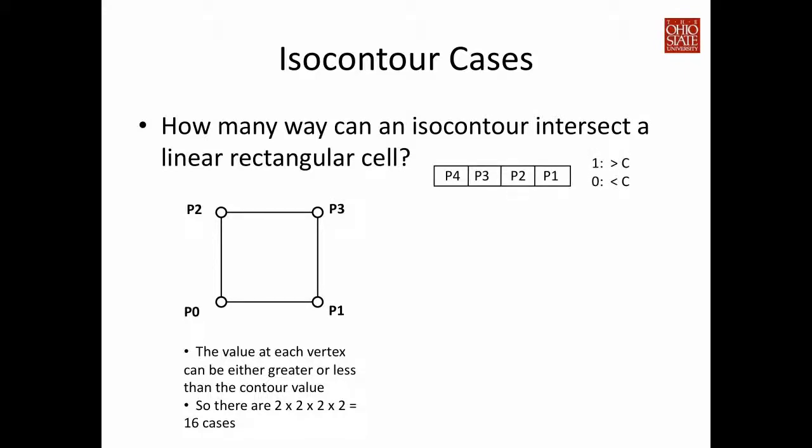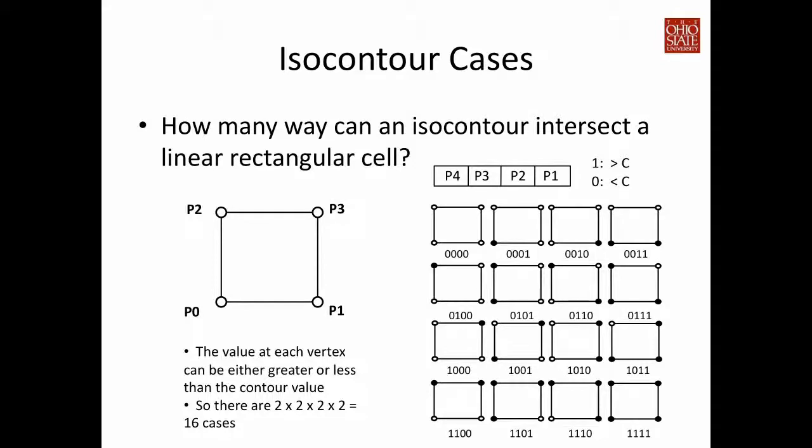If you place the 4 vertices together, representing each vertex as a bit, mark the bit 1 if the value is greater than isocontour value C, and put a 0 if it's less than the value C. As you can see, there are 4 bits, and each bit can take either 0 or 1, so there will be a total of 2 times 2 times 2 times 2 equals 16 cases.